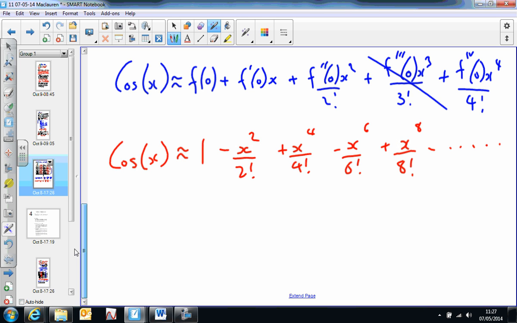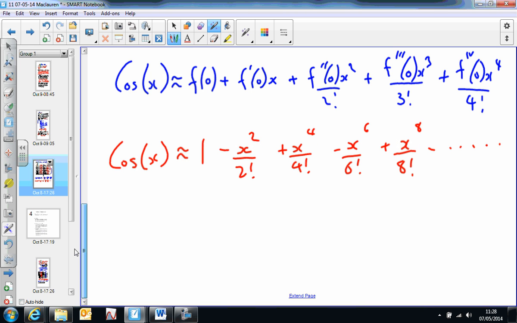The fourth differential was 1, so that gives us this, because that was plus 1. And the next one was 0, so in other words, we miss out every other one. We just get the even terms, and it alternates. Positive, negative, positive, negative. And that's the power series for the cosine of x.